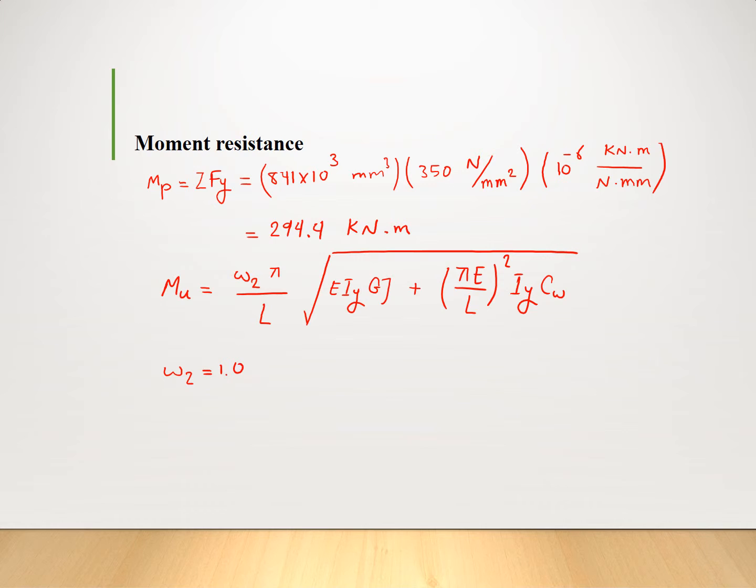In this formula, we know that omega 2 is equal to 1 because M at any point is not larger than the M at the ends, because it is a simply supported member. Therefore, Mu is equal to 111.4 kilonewton times meter.